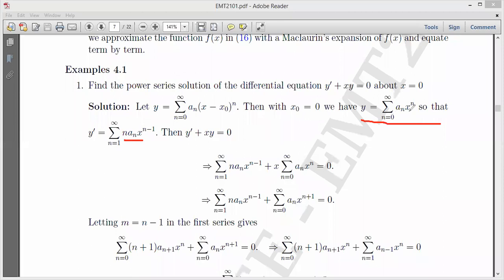Since we had taken the first derivative, the lower limit is upgraded to n from 1 to infinity, which is this one here. That's why you see that this was n from 0 to infinity, and then this is from n equal to 1 to infinity.